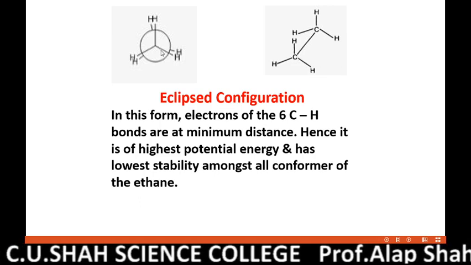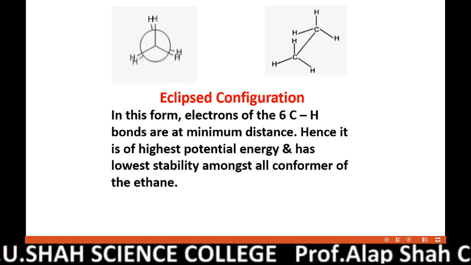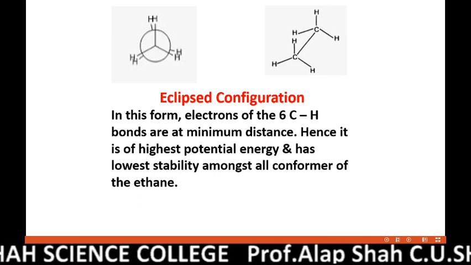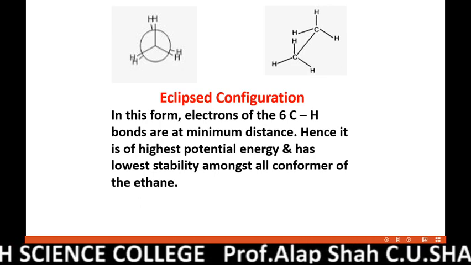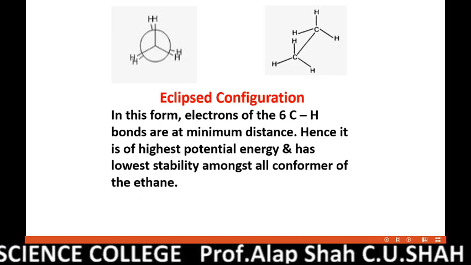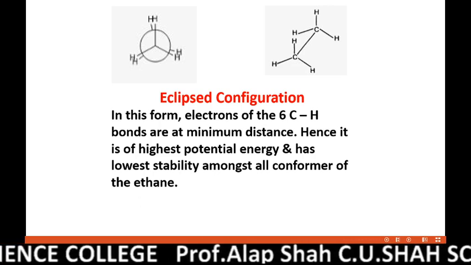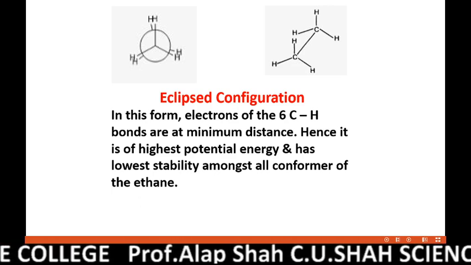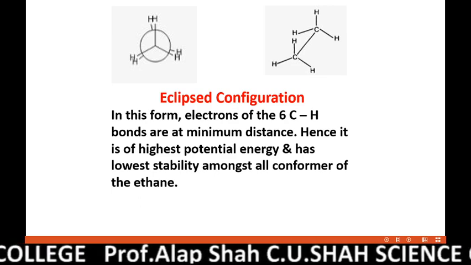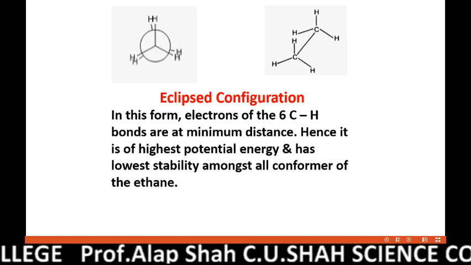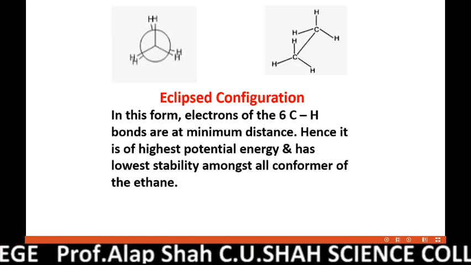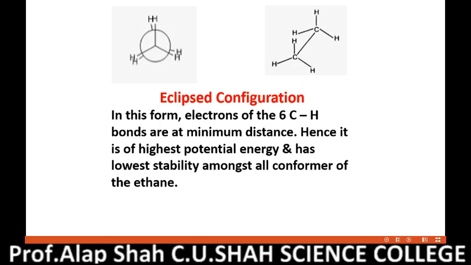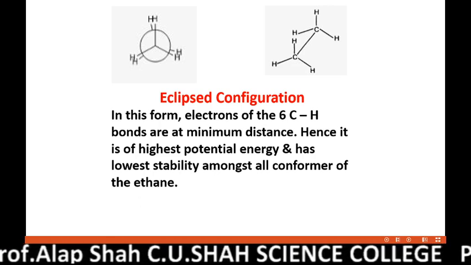Now, since all 6 carbon-hydrogen bonds are behind each other, there is a repulsion which increases potential energy, and also the configuration is not staggered, so there is a torsional strain, also known as Pitzer strain, and as a result this kind of strain increases the potential energy, and therefore it decreases its stability.